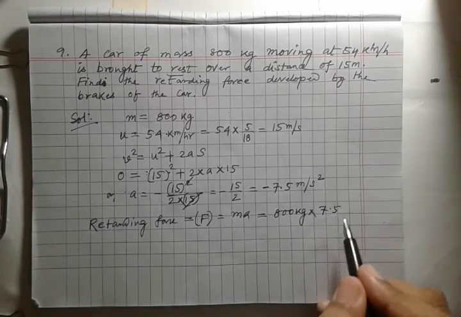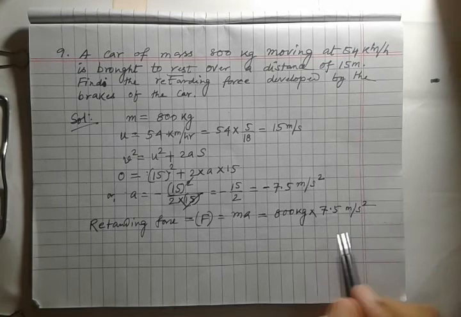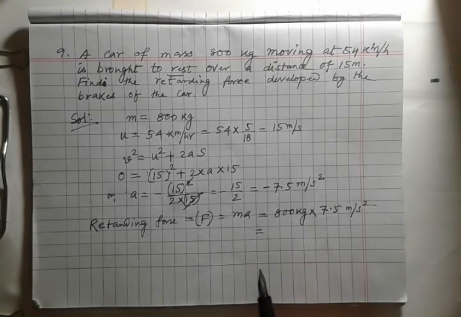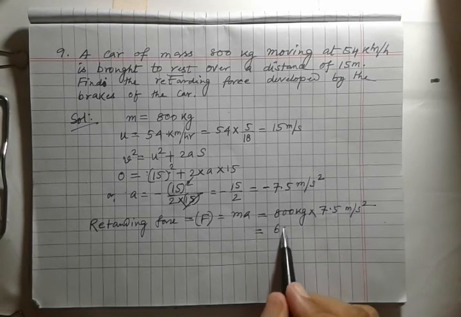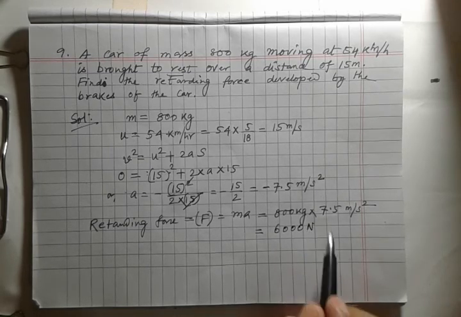So 7.5 meter per second square, which is nothing but 800 into 7.5. How much does it come? 8,000, sorry, I'm sorry, it's 800. 800 into 7.5 will be 6,000. 6,000 Newton. That is the answer.